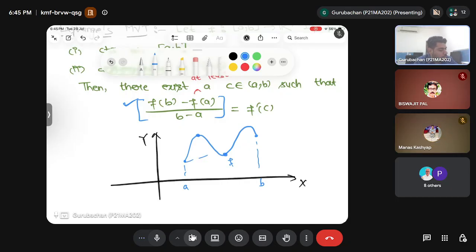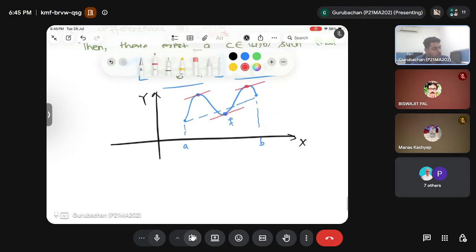So this must be equal to some f dash of c. So that means you are getting some c such that the derivative at that c gives the same value as the slope of the function on the interval [a, b].